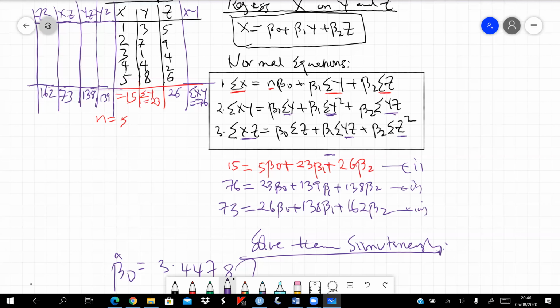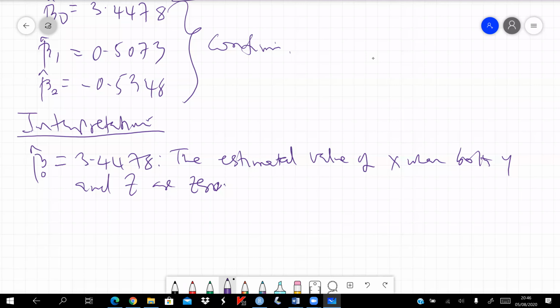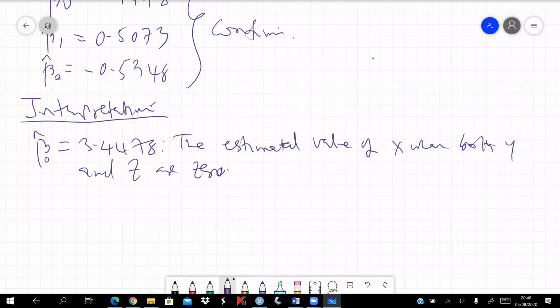The estimated value of x when both y and z are 0. When you put both y and z equal to 0, then the estimated value of x will be equal to that. The beta 1 and beta 2 are more interesting, more meaningful and more useful in analysis.